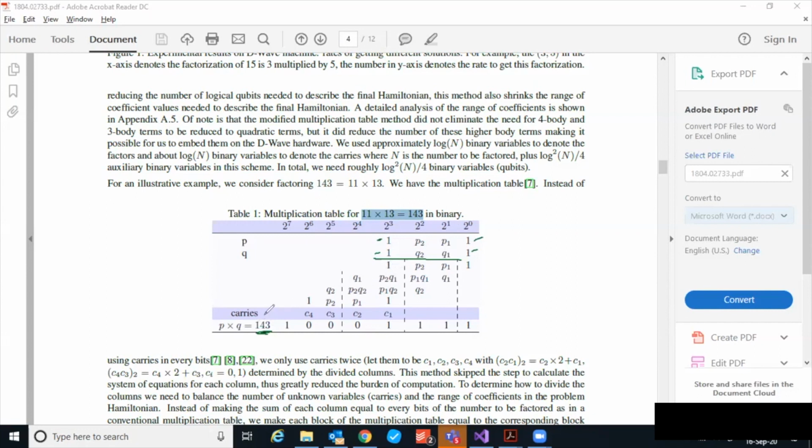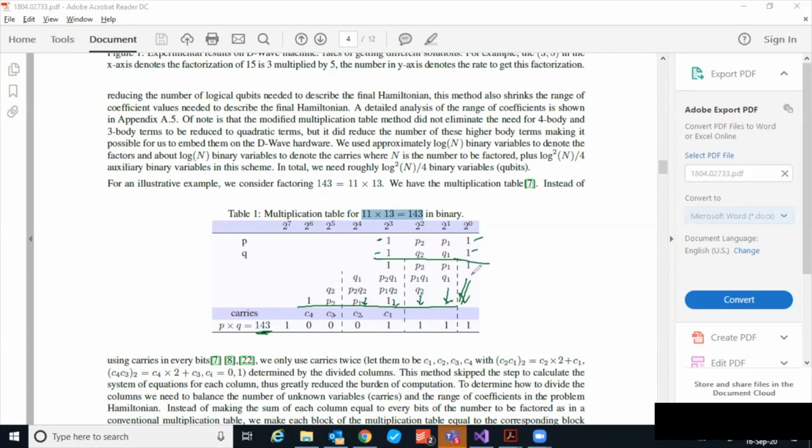And here we introduce more variables, C4, C3, C2, C1. Once we are done with the multiplication part, we know that we have to add these, right? So we add this here, this here, this here, like this.